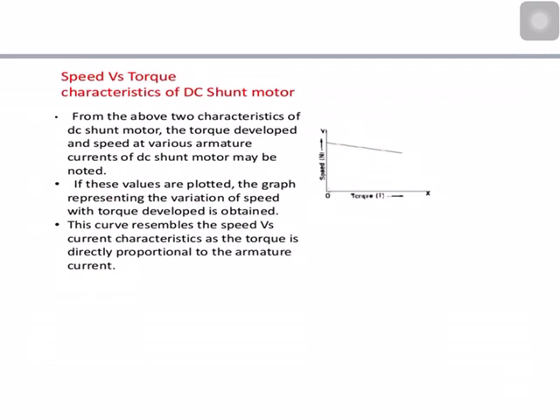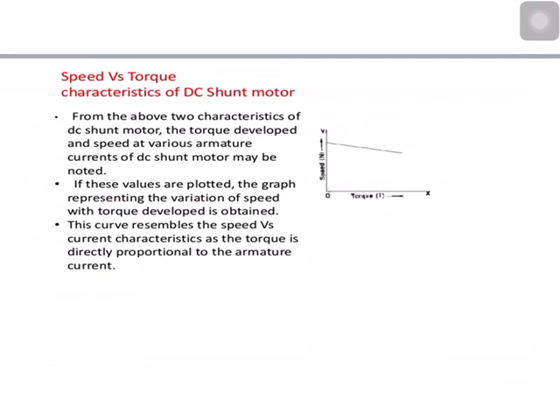If these values are plotted, the graph representing the variation of speed with torque developed is obtained, and this curve resembles the speed versus current characteristics, as the torque is directly proportional to the armature current. Okay, these are the characteristics.